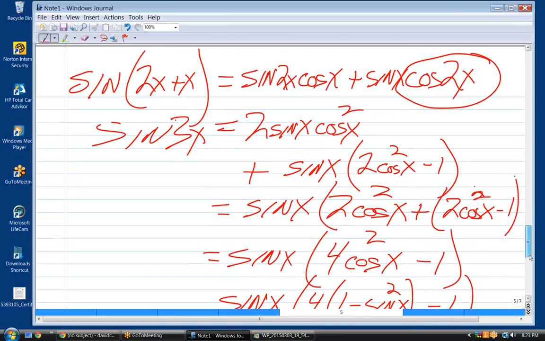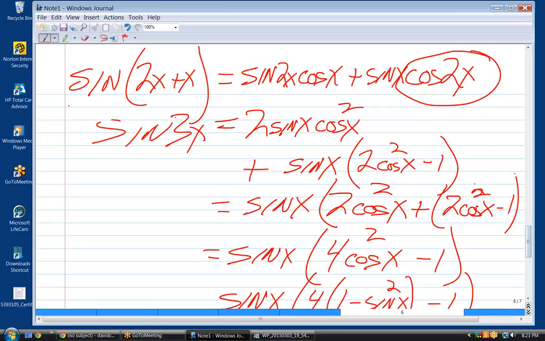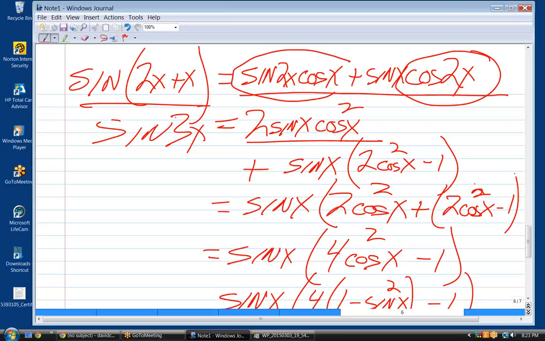And I did it using the sum and difference to turn sine 3x into sine 2x plus x. And then I used the sum and difference on that to get that. And then I used the identity for sine of 2x to get this part. In other words, turn that into this.